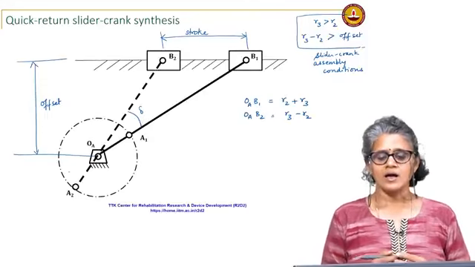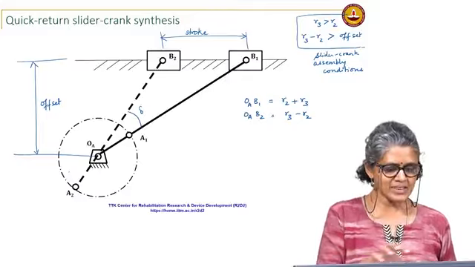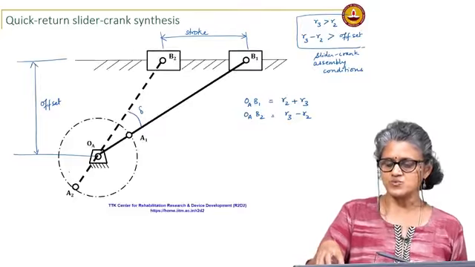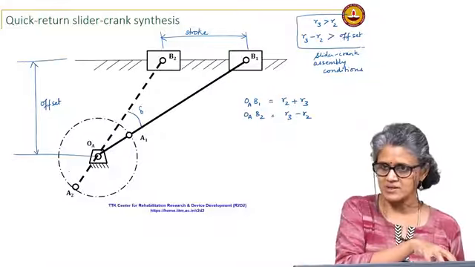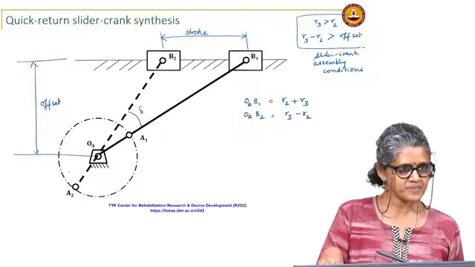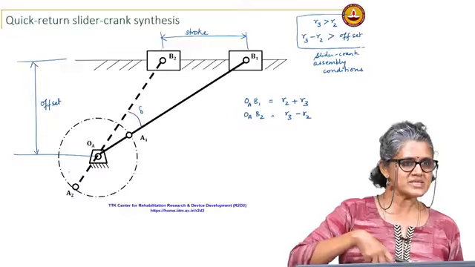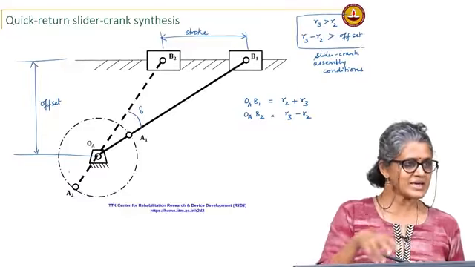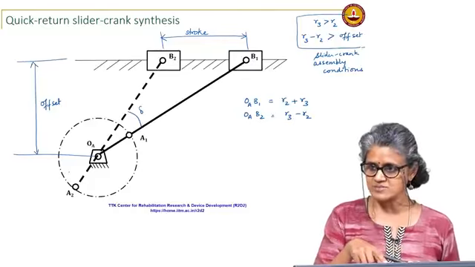If I fix one more thing in the slider crank, I get these two equations which determine R2 and R3, because once OA is fixed, these become fixed. So, I can draw an infinity of lines through B1, and that will give me an infinity of solutions.